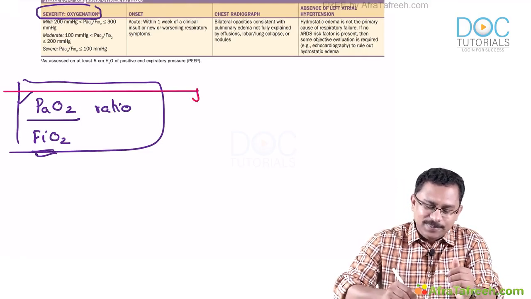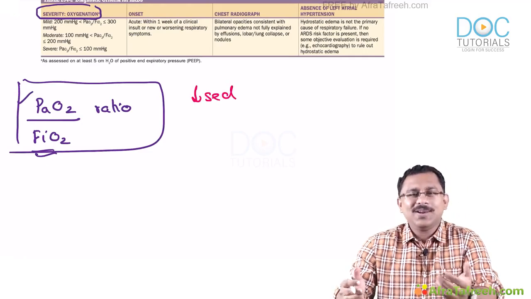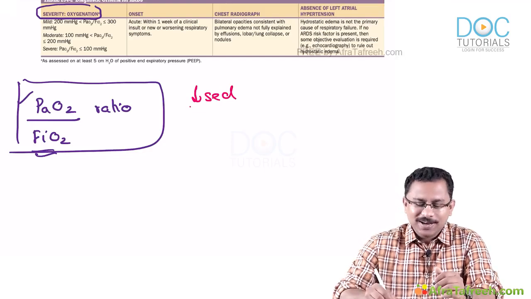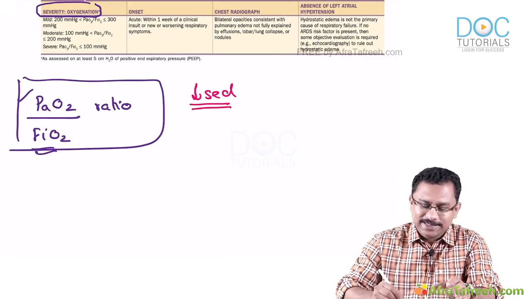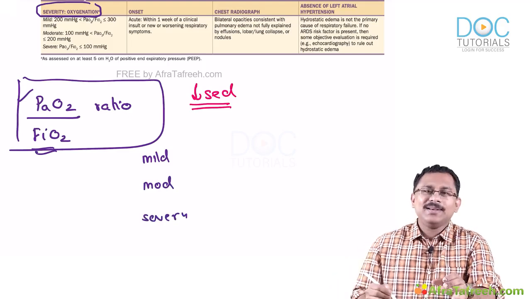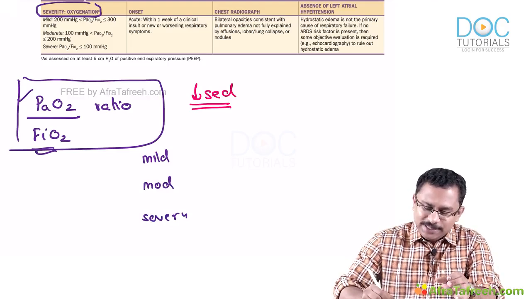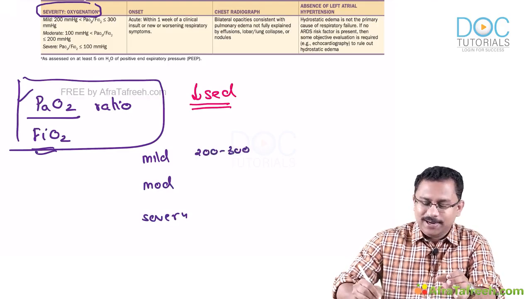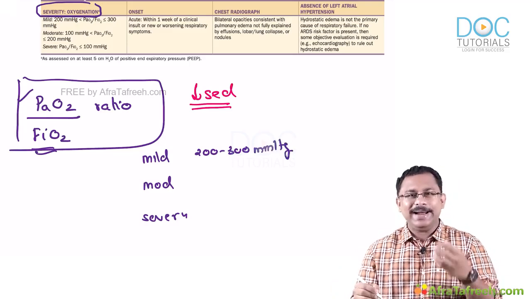Why it is decreased means corresponding to an increase in the FiO2, you will not have an increase in your PaO2. So there will be a decrease, and you can classify it based on this decrease into mild, moderate and severe categories. So if your PaO2 by FiO2 ratio is between 200 to 300 millimeter mercury, in such a case it is mild.